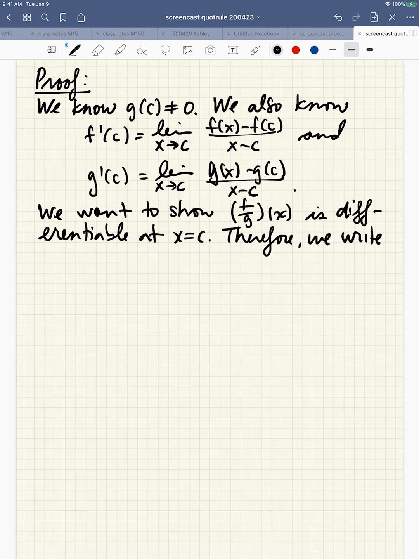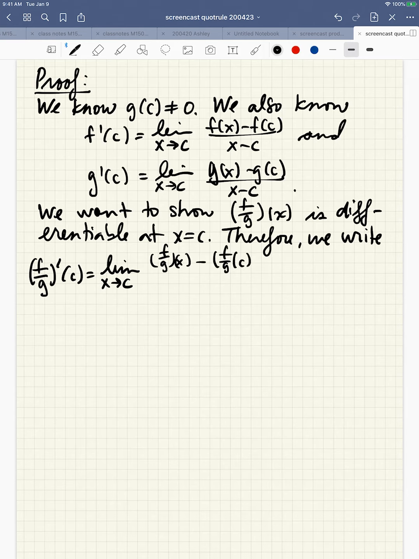So therefore, we're going to write f over g prime of c. If it exists, it has to equal this limit. So that's the definition of the derivative of f over g, the quotient of f and g.